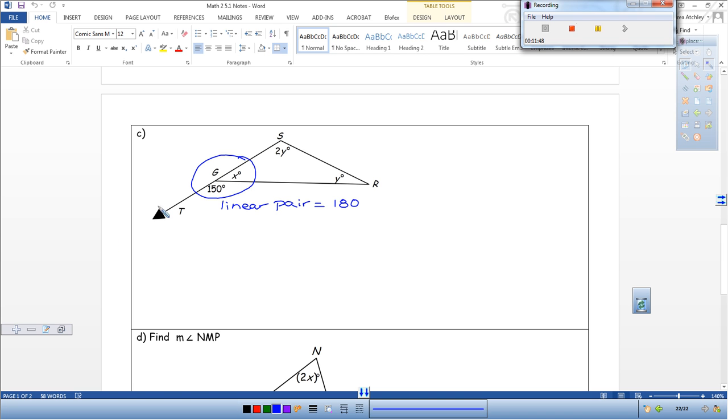They form that straight line. There are two adjacent angles that form a straight line. So that's what we call a linear pair. And so they equal 180. So I just have to take 180 and subtract the 150 from there. And that'll give me 30 degrees. So that's what the x equals. Any questions over that?